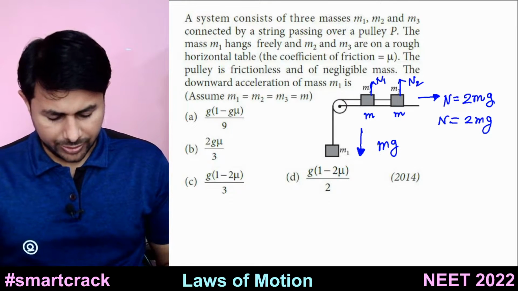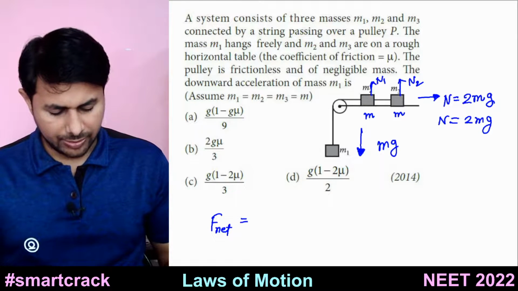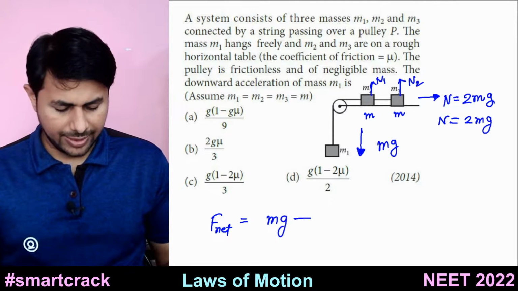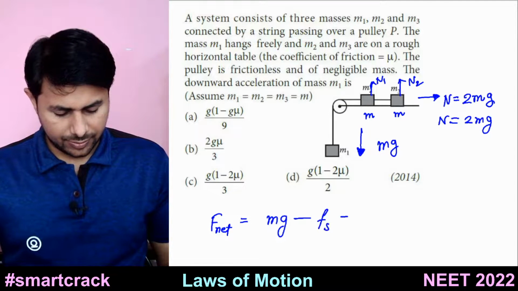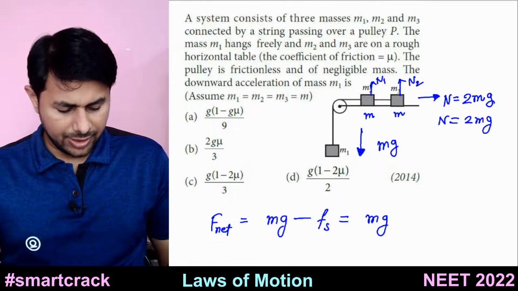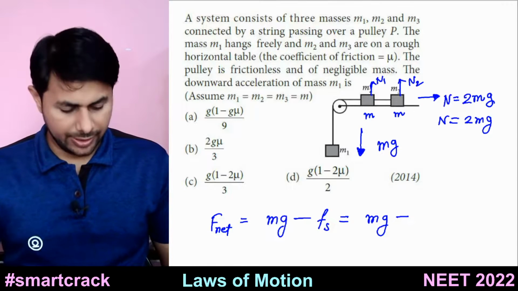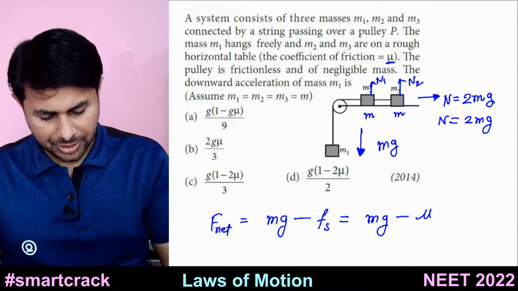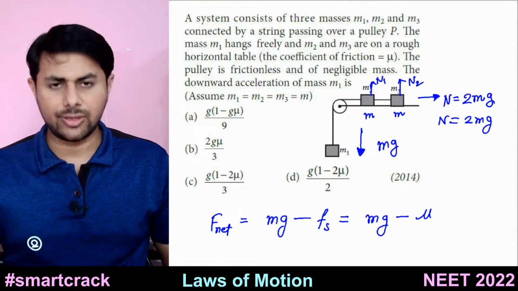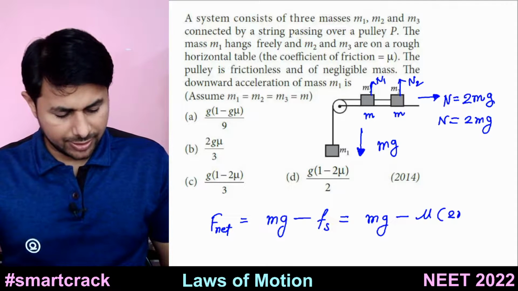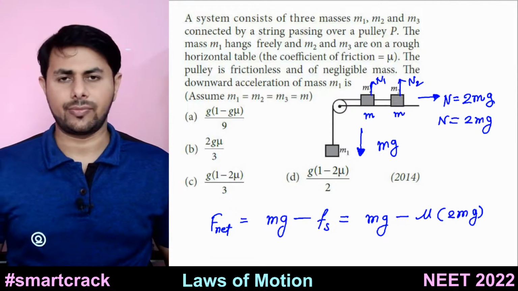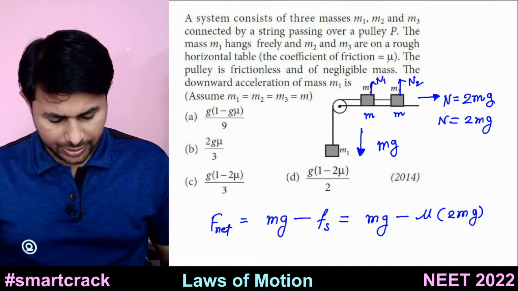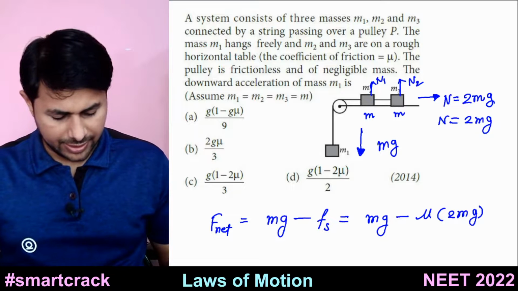After that, what is the net force? The net force will be the downward force, which is mg, minus the frictional force. What is the frictional force? It is mu, because its coefficient of static friction is mu, times the normal reaction, which is 2mg. So mg minus 2 mu mg is the net force, and it can be written as mass times acceleration.